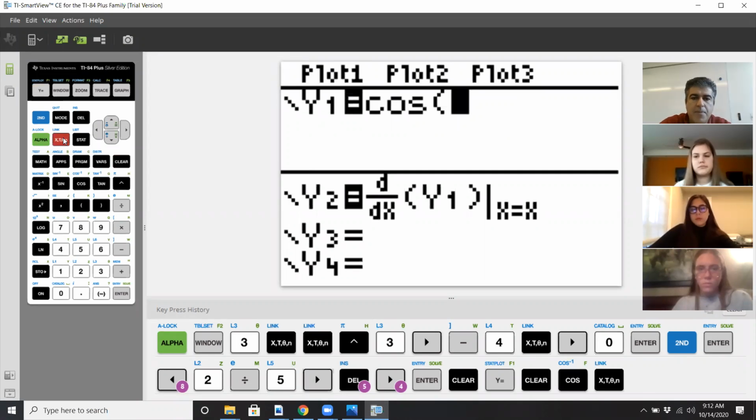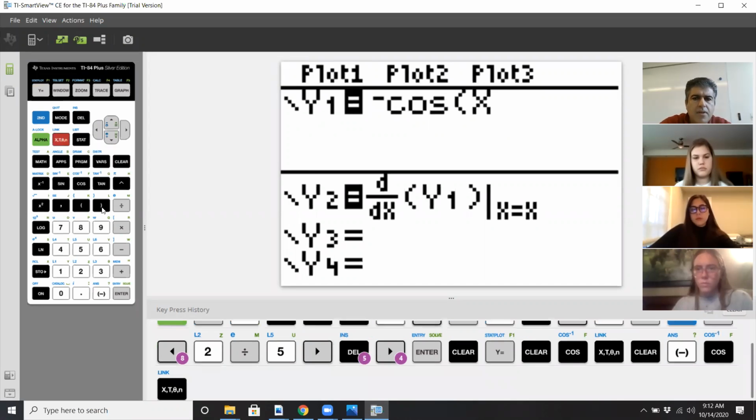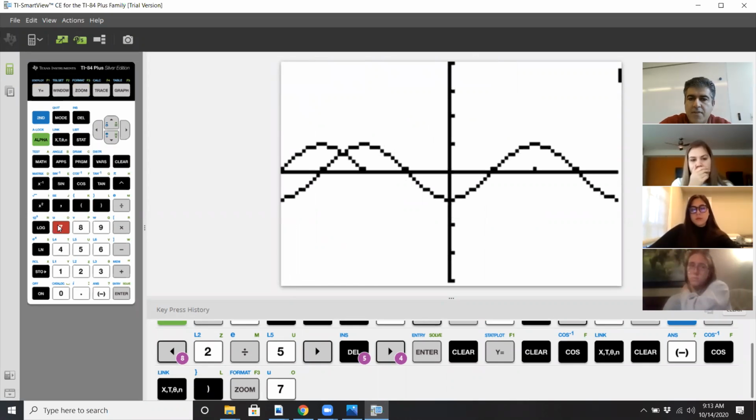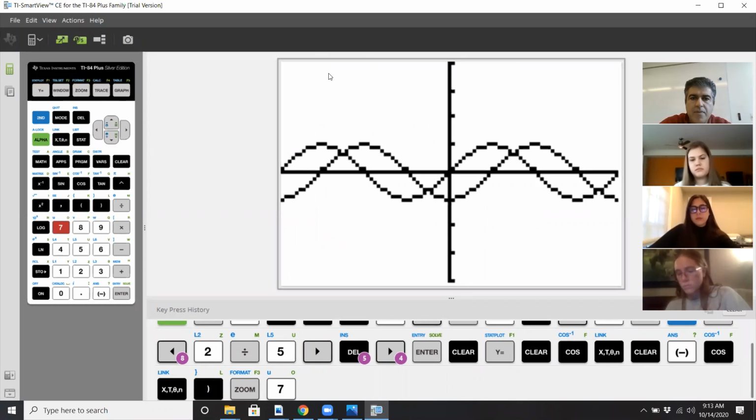You don't have to retype the derivative over and over again. But I did negative cos x. We'll graph in the standard window. Actually, we'll graph in trig. So there's negative cos x, and there's the derivative. The derivative I'm actually going to trace in red.